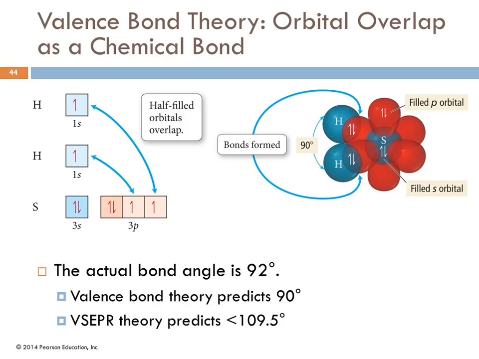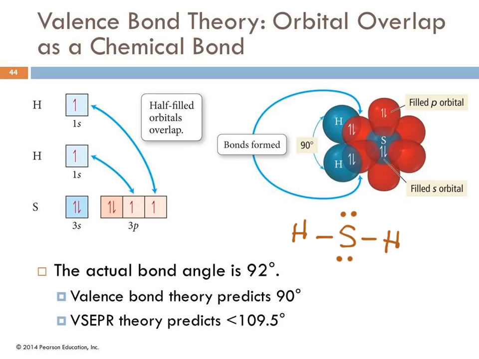And VSEPR theory, if we look at VSEPR theory, which we just learned how to do, we would end up with something like this. And we learned that we count the electron groups, 1, 2, 3, 4, tetrahedral electron geometry.